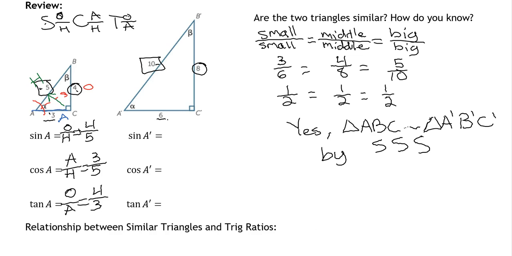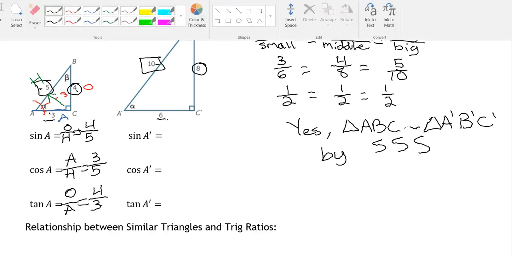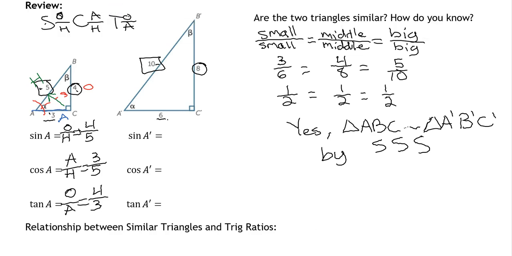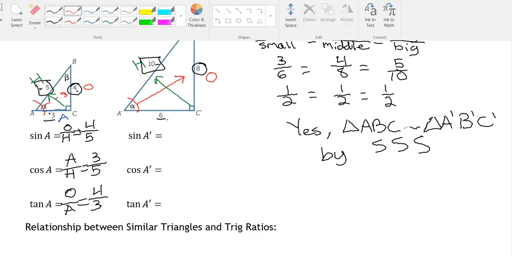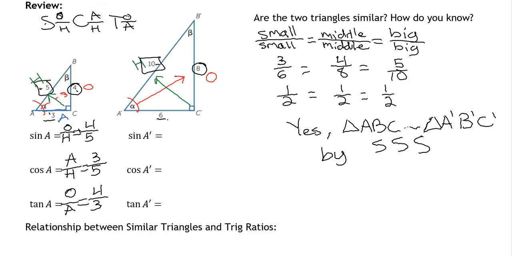All right. Then, doing the same thing with our bigger but similar triangle. Again, across from my right angle is my hypotenuse. I'm looking at A prime. Across from A is my opposite side, and between my angle and my right angle is my adjacent side.